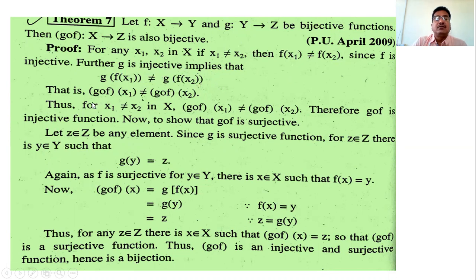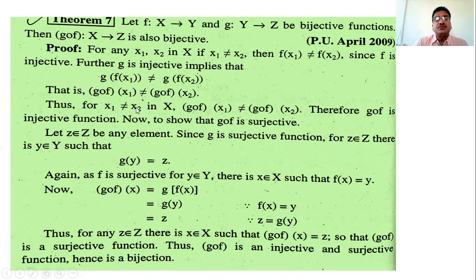These two elements are different in Y, and therefore their images under G are also different. By the definition of composition of two functions, G of F of x1 is G circle F of x1, and this is G circle F of x2. These two are not equal.